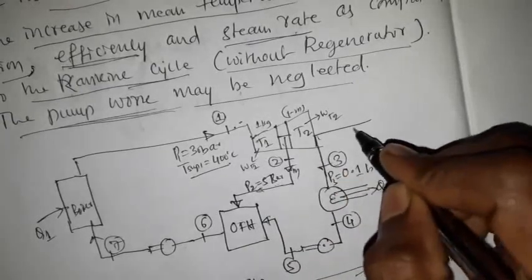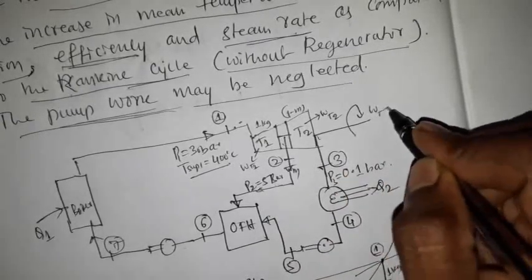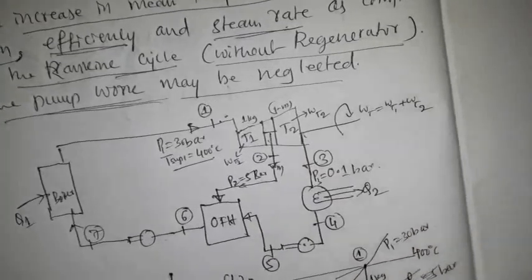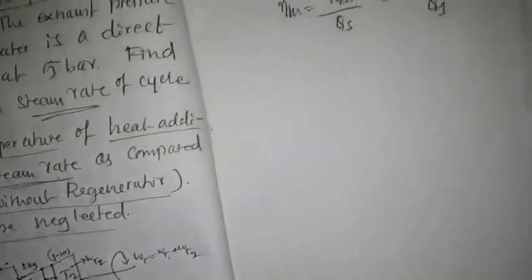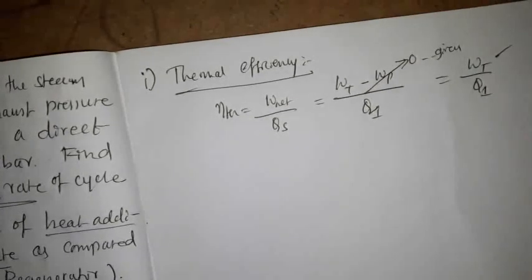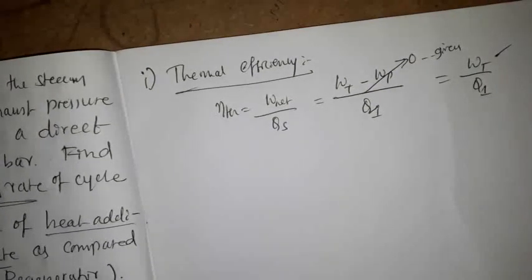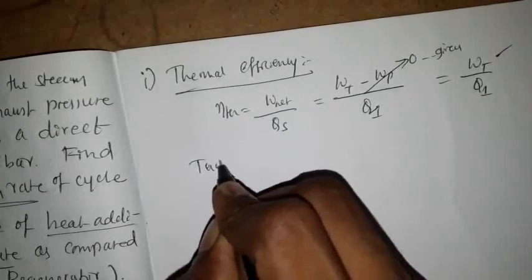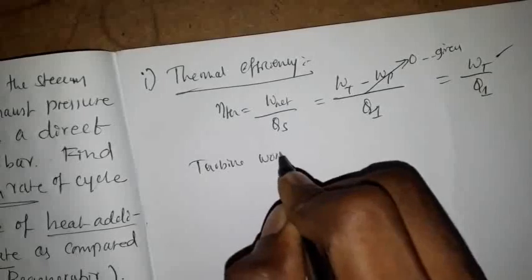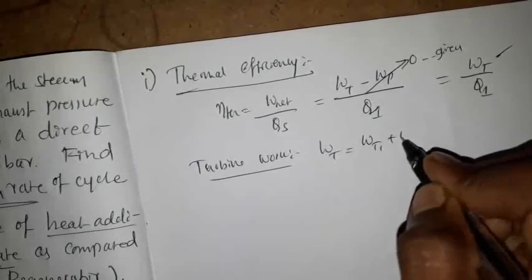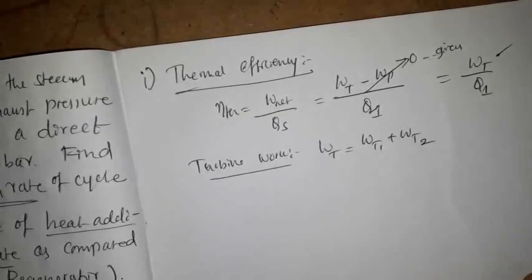The total turbine work is WT is equal to WT1 plus WT2, and means we need to calculate first the turbine work. Turbine work WT is equal to WT1 plus WT2.